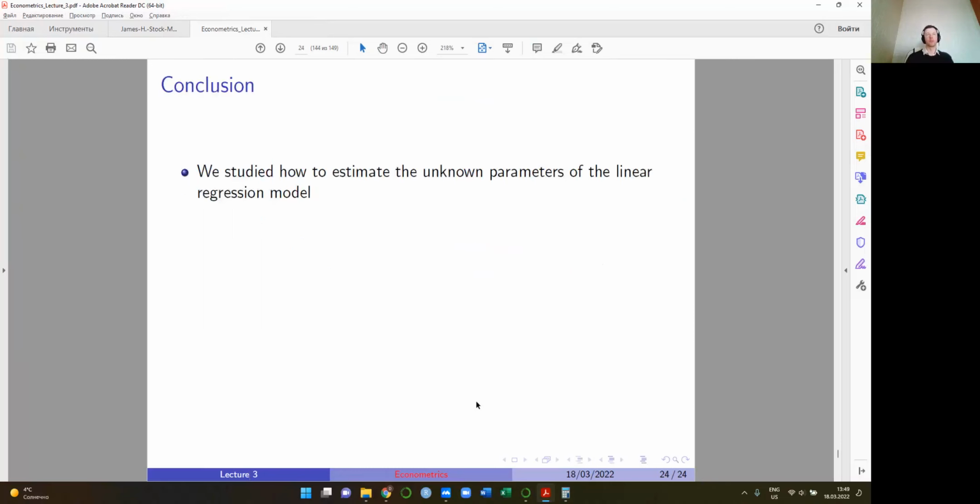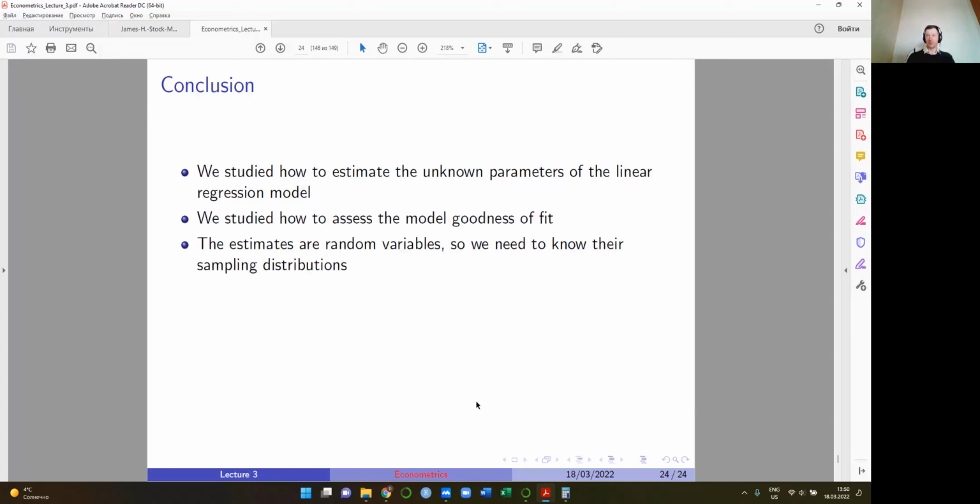So don't worry. Now some concluding remarks. What have we studied? We know how to estimate the unknown parameters of the linear regression model, which is a good development of our knowledge. We studied partially how to assess the goodness of fit of the model.